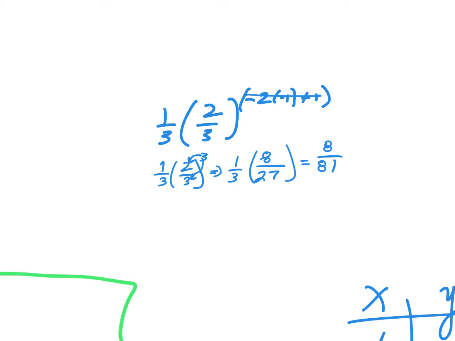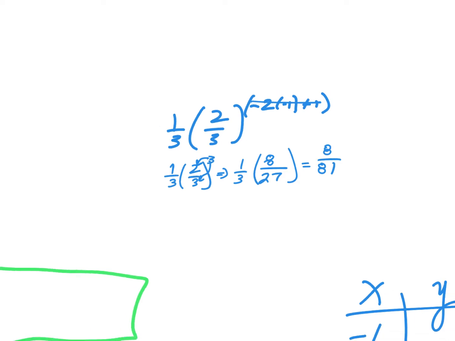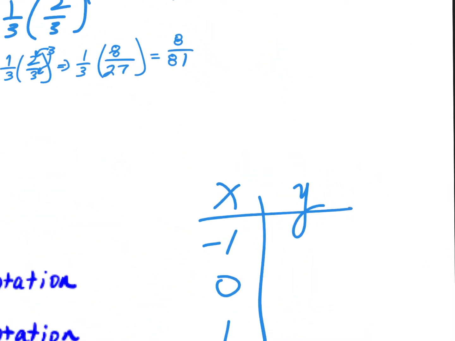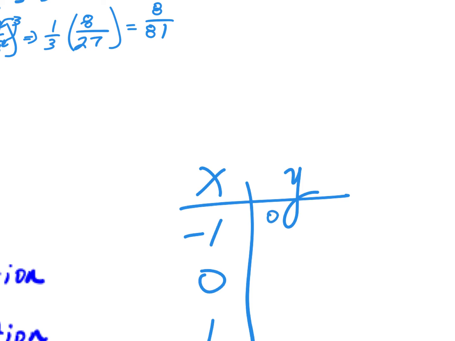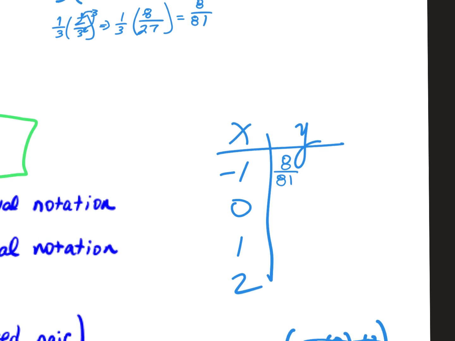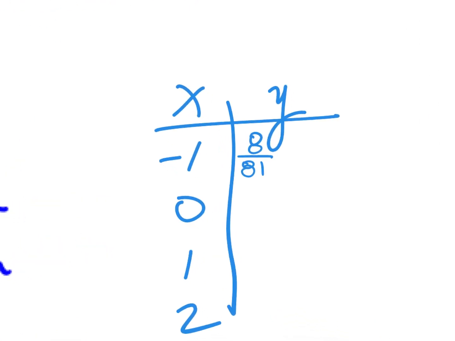Can you guys tell me about where 8 over 81 is? It's in between what? It's in between 0 and 1. All right, so we already did when we plugged in 0. What happened when we plugged in 0? We got 2/9.